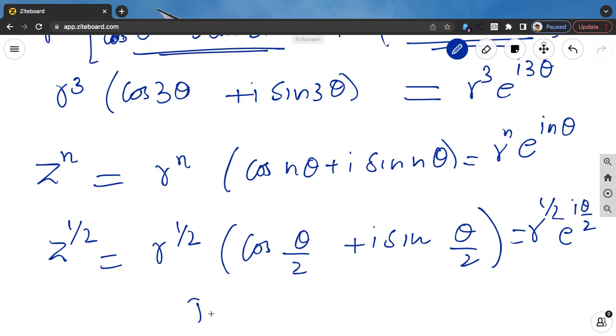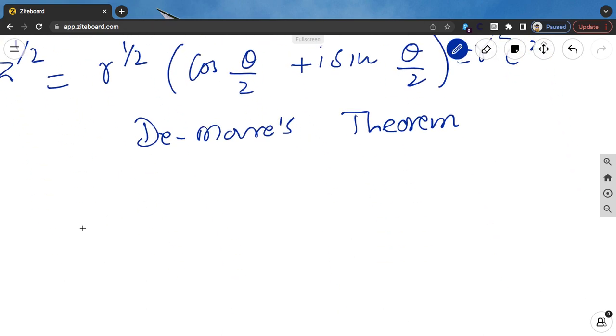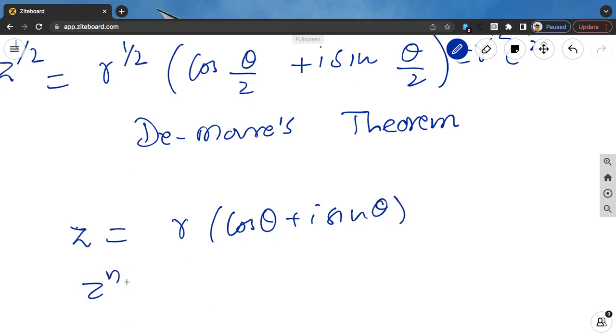And what is this theorem called? This theorem is called De Moivre's theorem. De Moivre's theorem says that if a complex number is written in this form, then z raised to n is r raised to n times cos of n theta plus i sin of n theta.